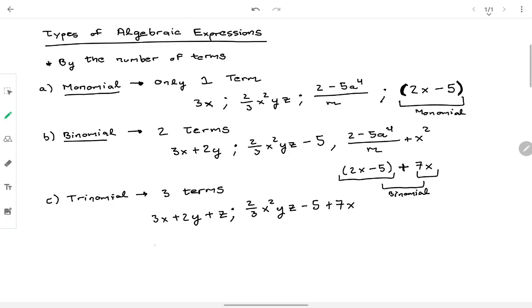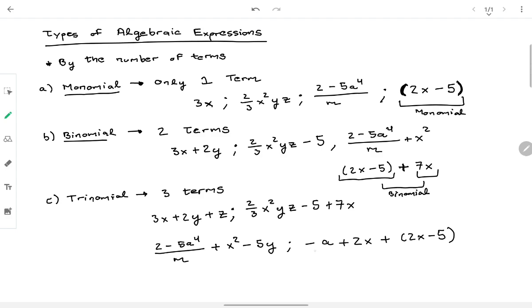Maybe we can have something like 2 minus 5a to the fourth over m plus x squared minus 5y. That will be also a trinomial, and maybe we can have something like minus a plus (2x) plus (2x minus 5).